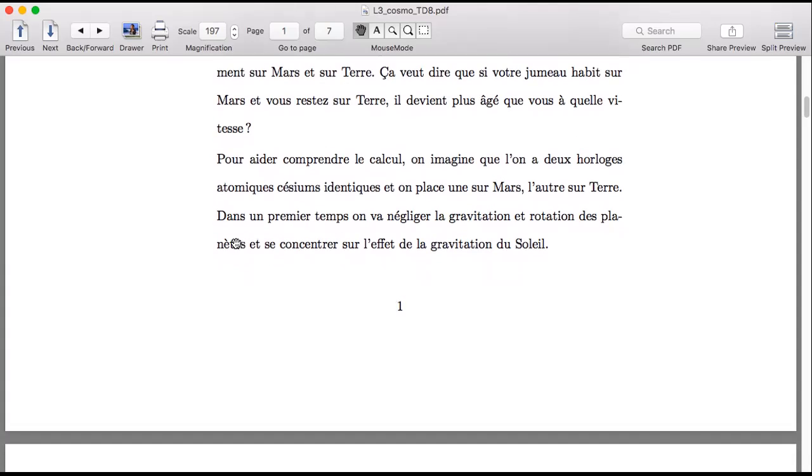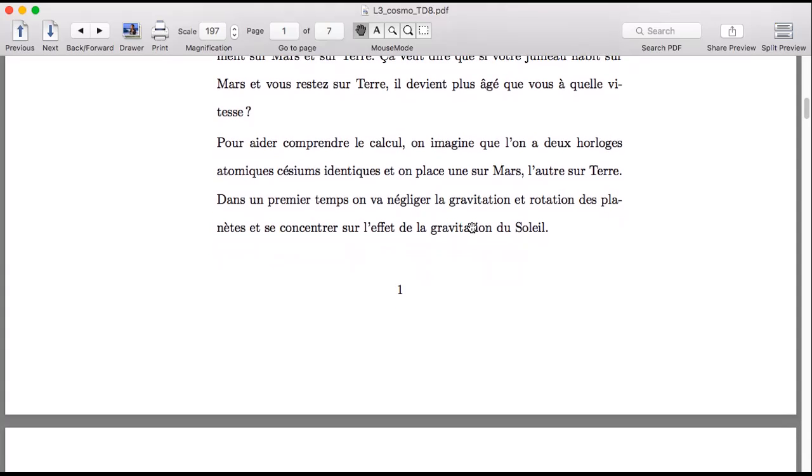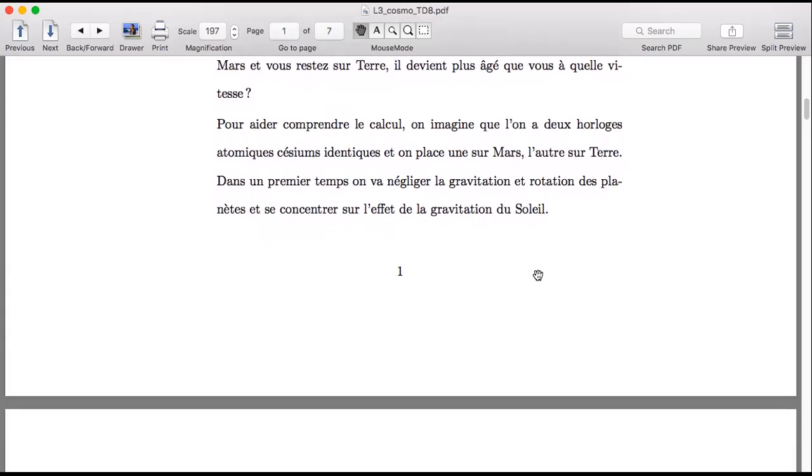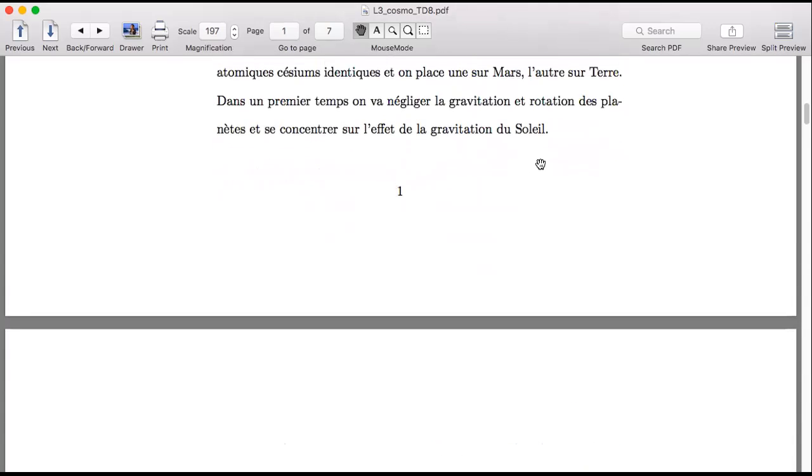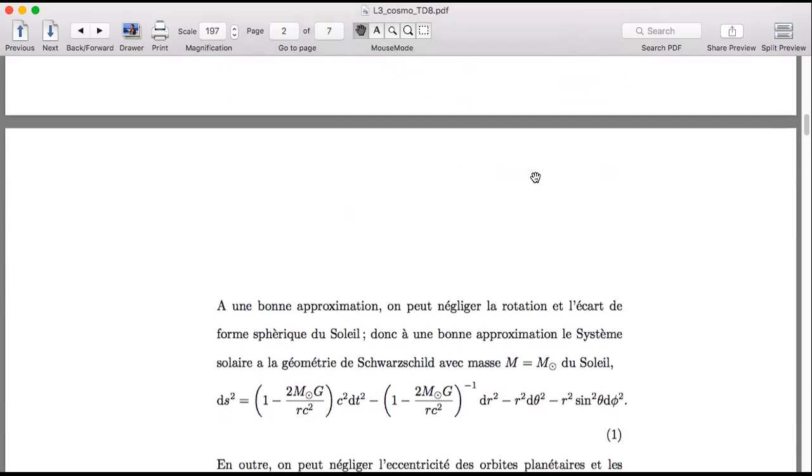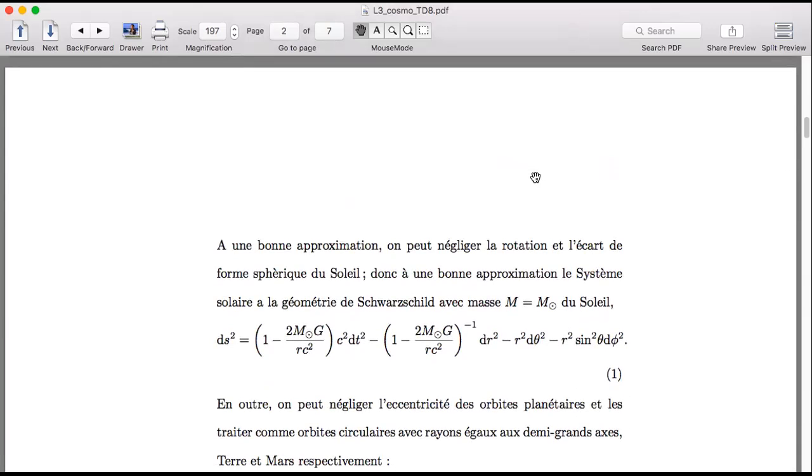And in the first calculation here, just to simplify, the thing's complicated enough, we're going to ignore the gravitation of the planet and the rotation of the planets, and just concentrate on the gravitational field of the sun. And we'll see that is 10 times bigger than any effect due to the gravity of Earth or Mars. Not too surprising. I mean, 99% of the mass of the solar system is in the sun.